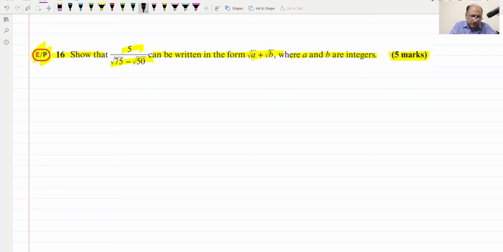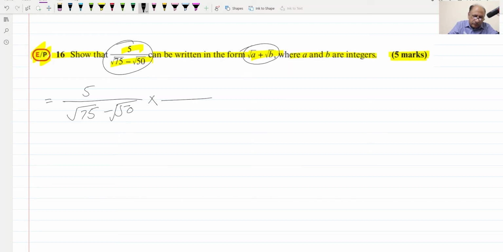So if we compare this and this, we have to get rid of the denominator. And how are we getting rid of this denominator in root format? We are rationalizing. So we can rationalize this. How are we rationalizing?